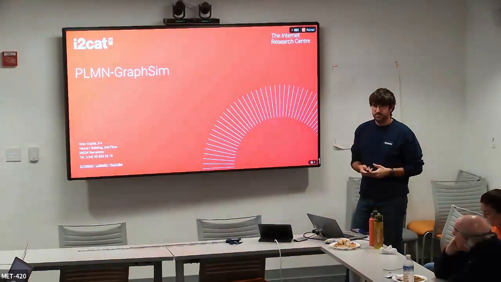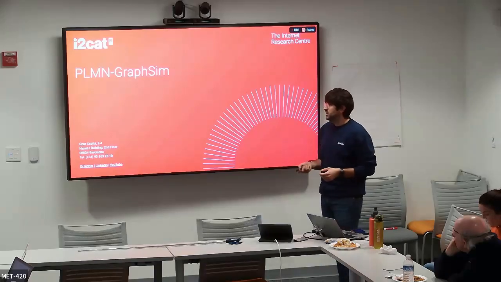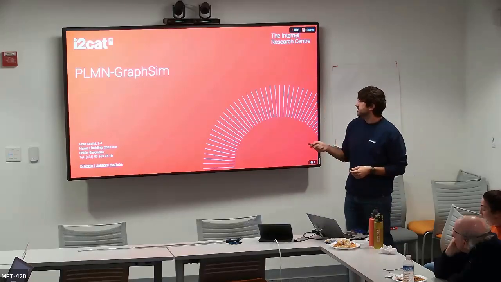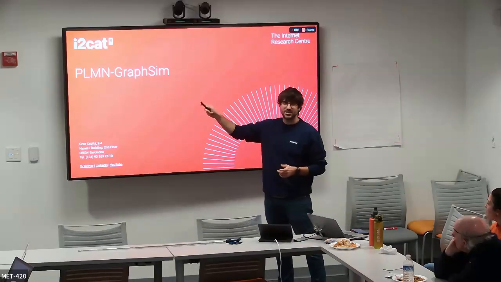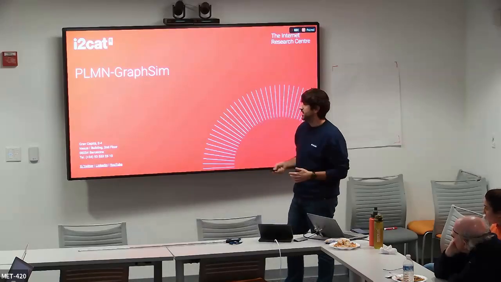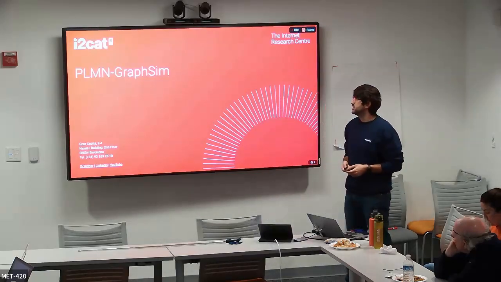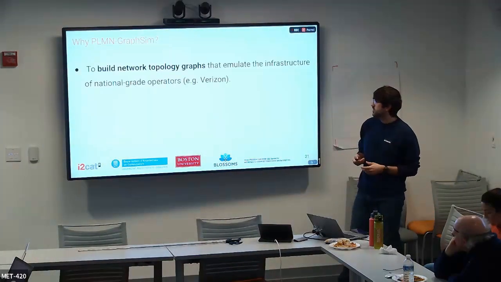In order to build national operator networks, I implemented a simulator. The name of the simulator might not be the best one, but it's called PLMN, which stands for Public Land Mobile Network Graph Simulator. That name has a reason, and the simulator has two goals.